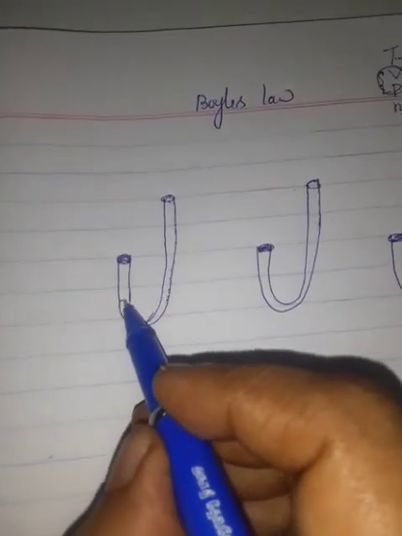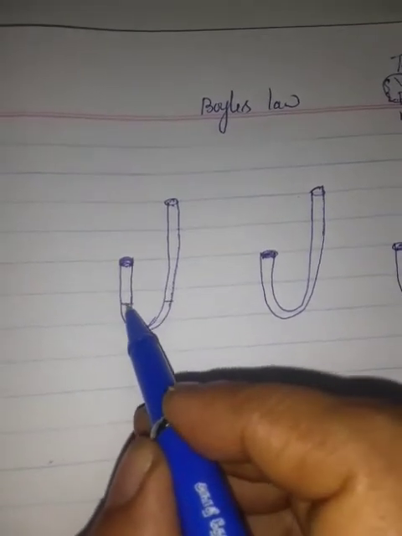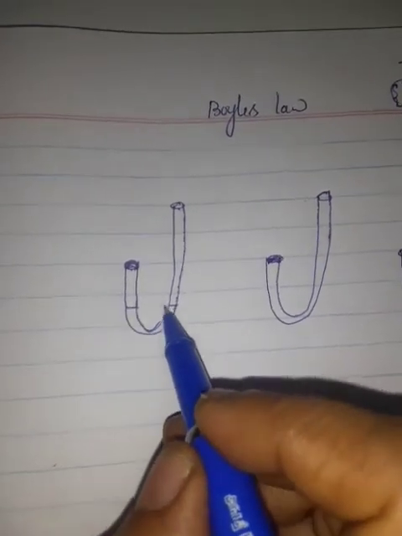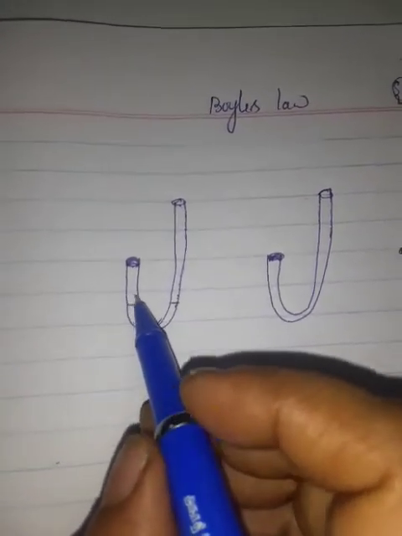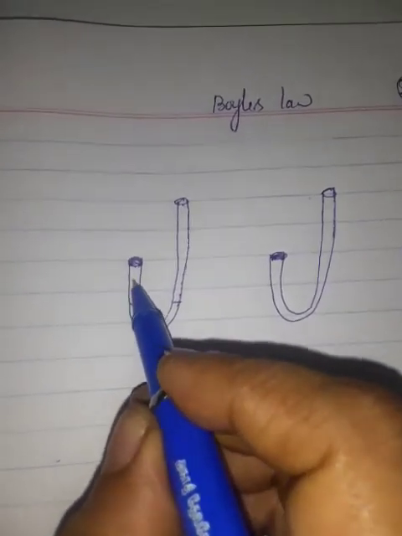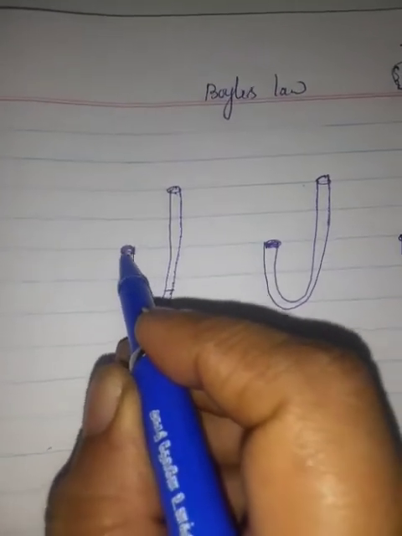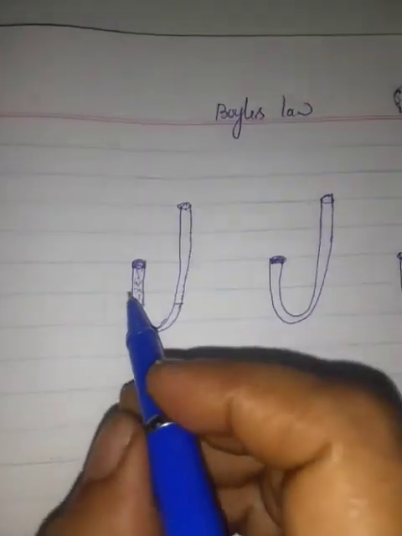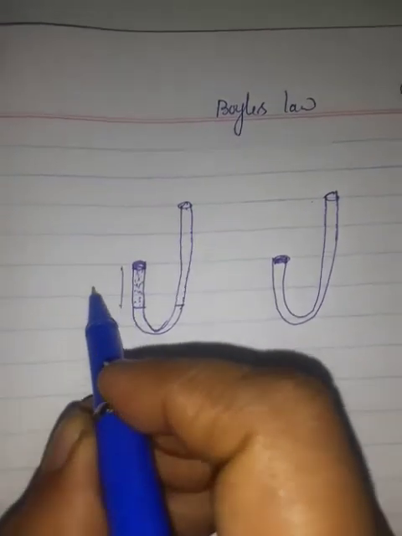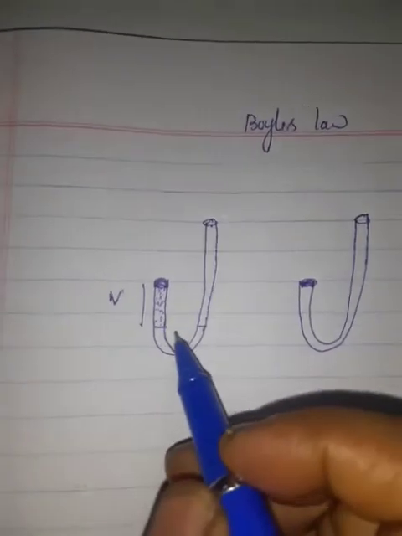So mercury occupied this place, and the mercury levels on both limbs of the J tube are at the same level, and the gas already trapped in the J tube gets accumulated in the closed end. This is the volume of the gas.